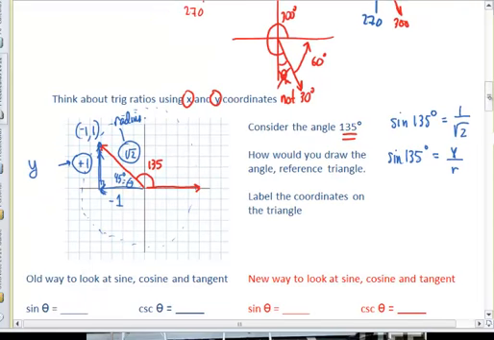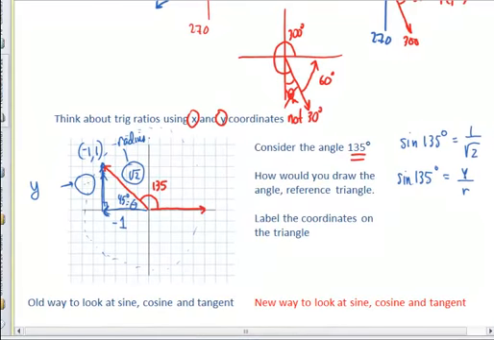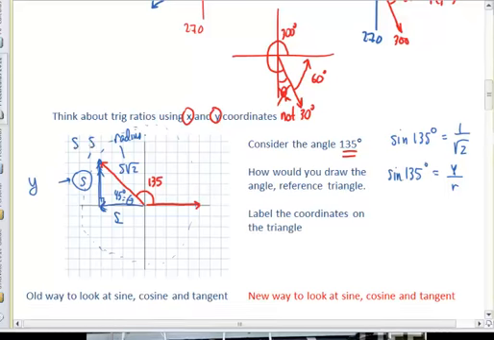So make sure when you're doing this problem, if you wanted to, you could consider this side to be s, and this side to be s, and this side to be s root 2. If you want, you could consider the coordinates to be negative s, comma s, if you didn't want to put a value in there, if you want to keep it variable.